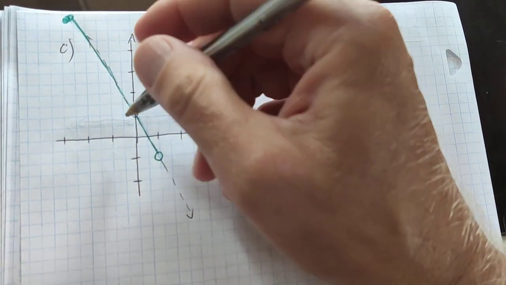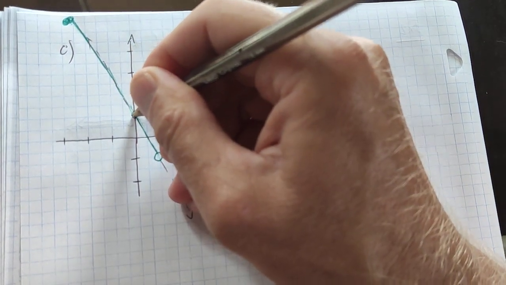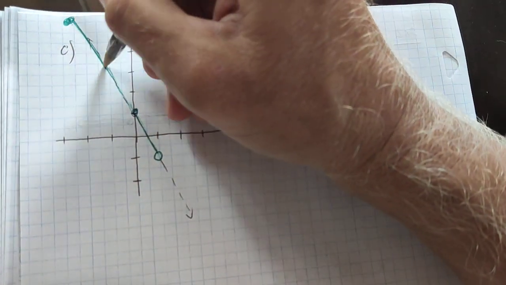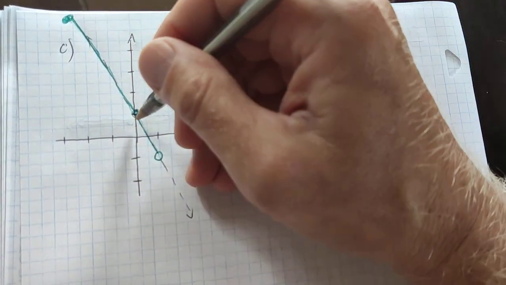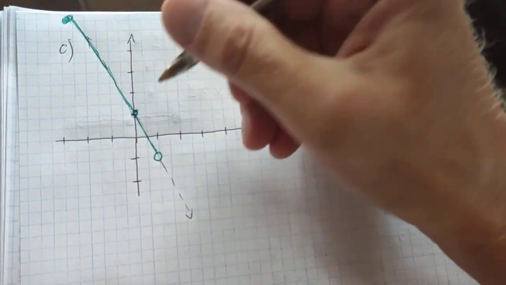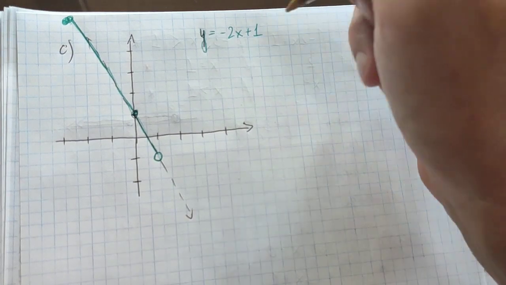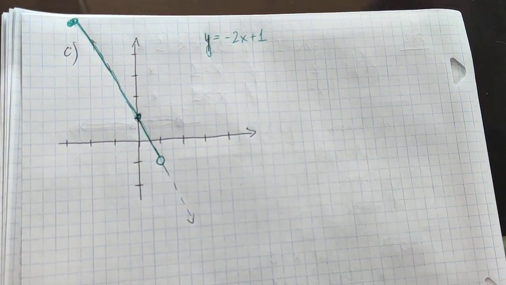Okay, I said open circle here, but it's not an open circle. This is just an intercept. This is 0, right? Not 1. X equals 0, and it does belong to the graph. Okay, so this is my y equals negative 2x plus 1.